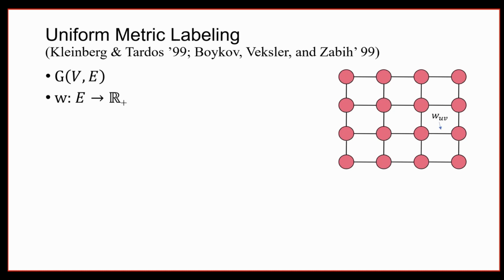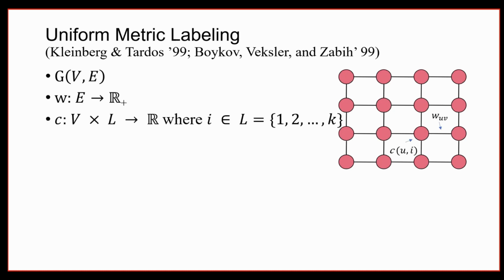And we have these non-negative edge weights, and then we have these costs. So for every pair of vertex and possible label, you have some cost function. And this is the solution which you want to output. This G is a mapping from these vertices to any possible label from 1 to k.